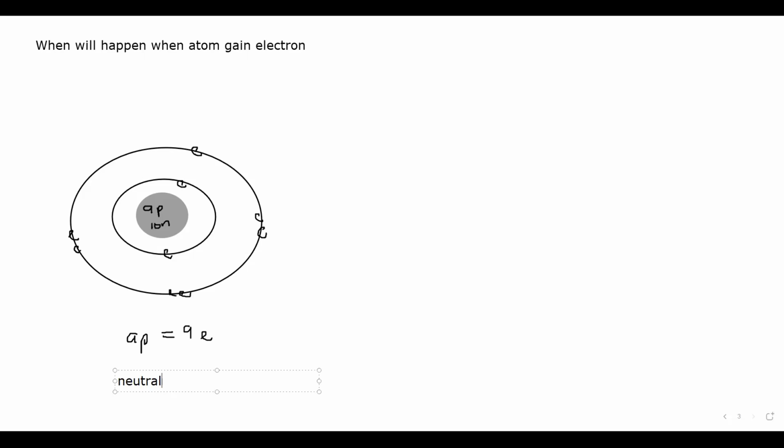But what happens if it gains an electron? Like there's an extra electron it takes. When it gains that extra electron, the charge that appears on it will be negative.